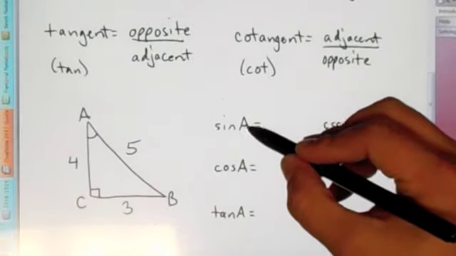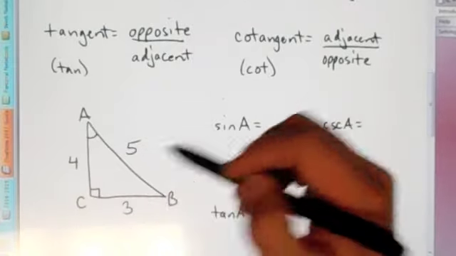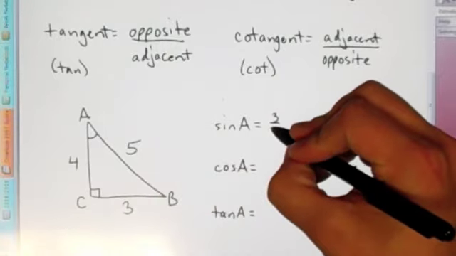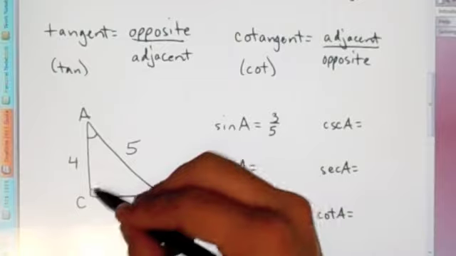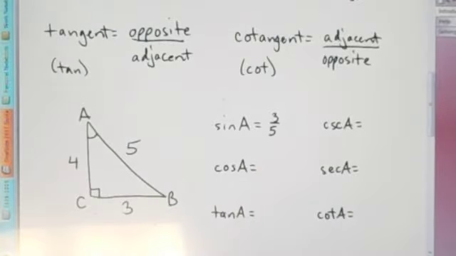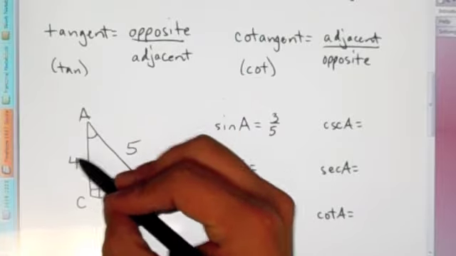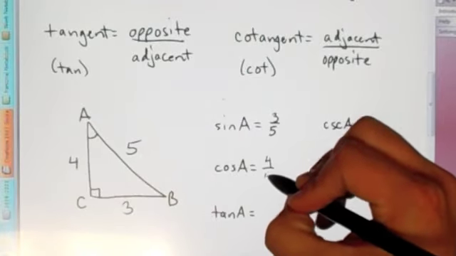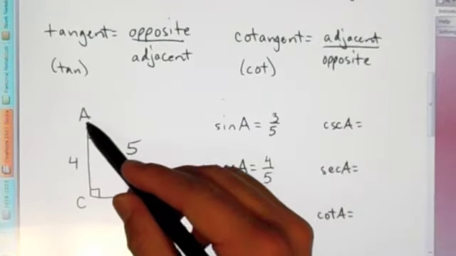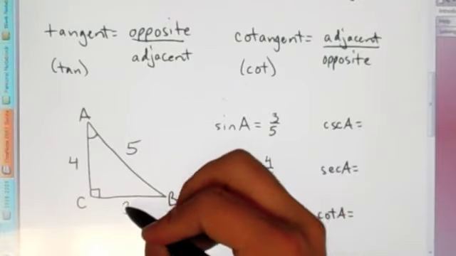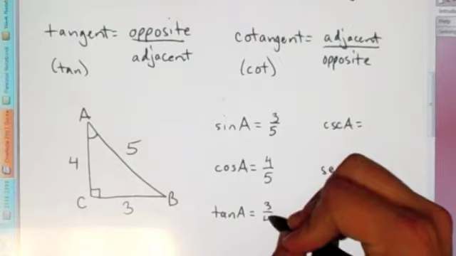So from angle A, we have opposite, which is 3, over hypotenuse, which is 5. And again, hypotenuse is the side opposite the right angle in a right triangle. Cosine is adjacent, so from A, the side adjacent, which would be 4, over the hypotenuse, which is 5. And tangent from A is opposite, which is 3, over adjacent, which is 4.